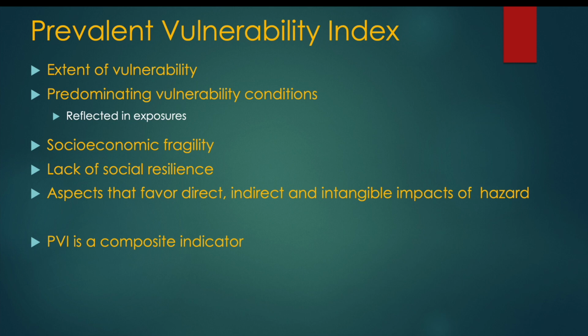Prevalent Vulnerability Index is a measurement that measures the extent of vulnerability in a given country or under a set of conditions. PVI measures the extent of vulnerability in a given country, as we said. It tries to quantify the prevalence of vulnerabilities. If vulnerability is dominant in a condition, PVI explores how much vulnerability is there using some quantitative indicators and measurements.